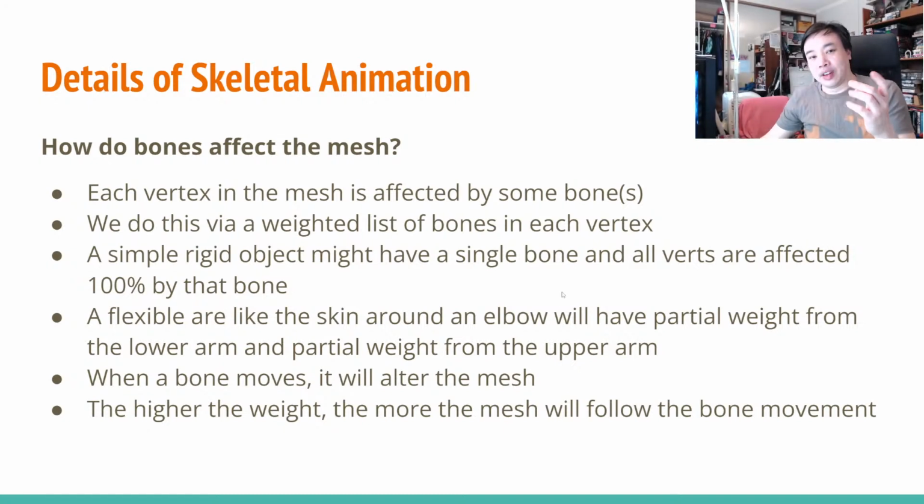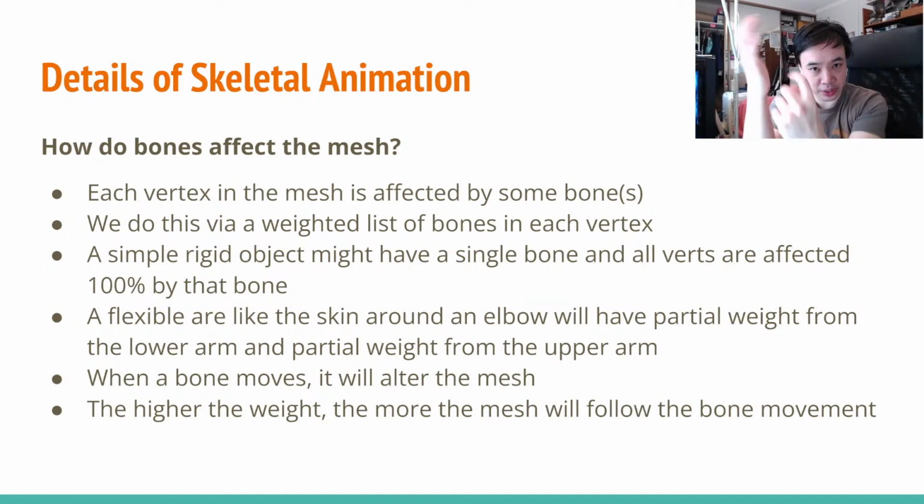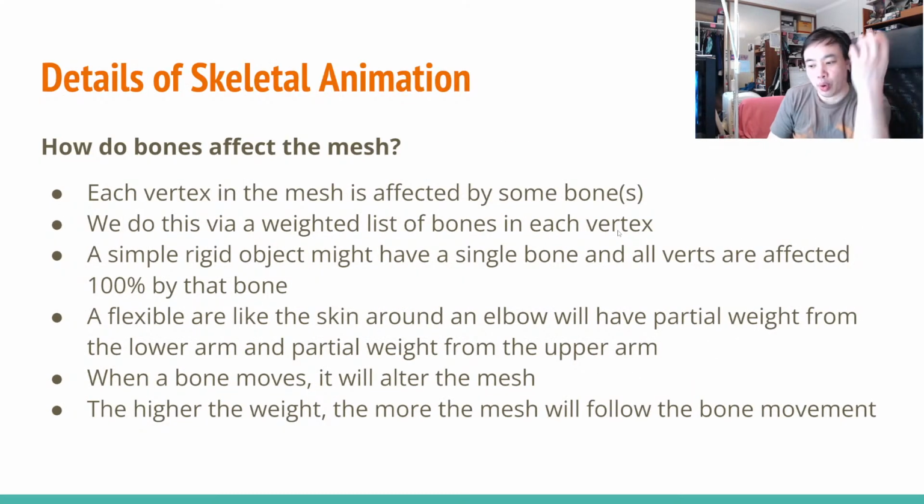I'm going to need to show pictures and stuff of this, but basically when a bone moves, it changes whichever vertices are mapped to it. So if you have a one-to-one mapping, those things follow the transform of the bone exactly. If you have a partial mapping, they'll move partially based on that bone. And that's how we can get this bit of skin here, which moves a little bit when the palm tilts, but it also is tied a bit to this bone here as it moves around. So the more weight there is, the more the mesh follows the bone.